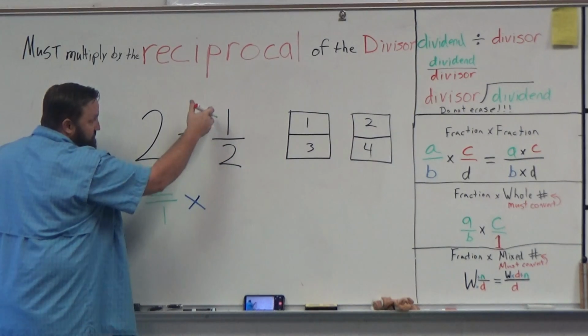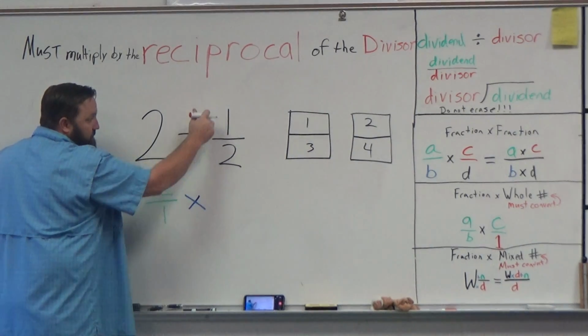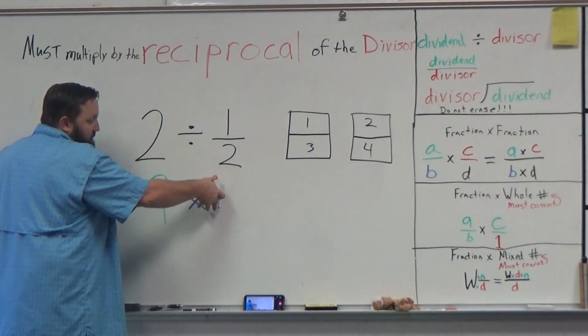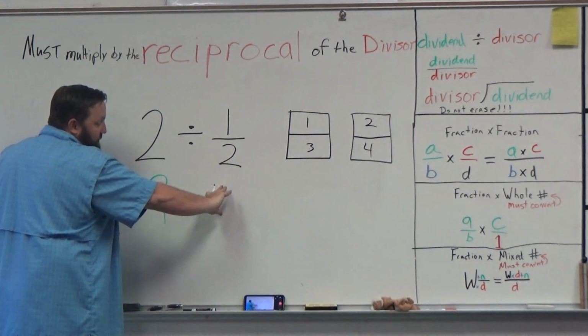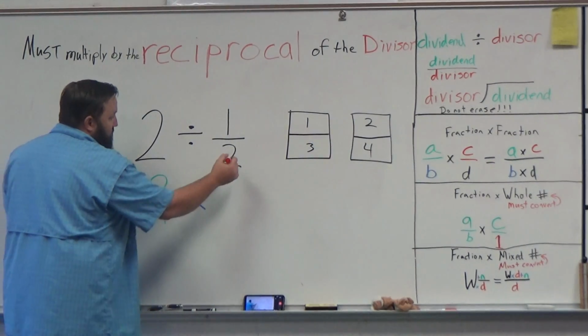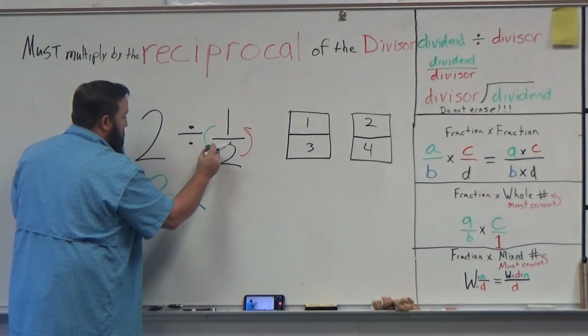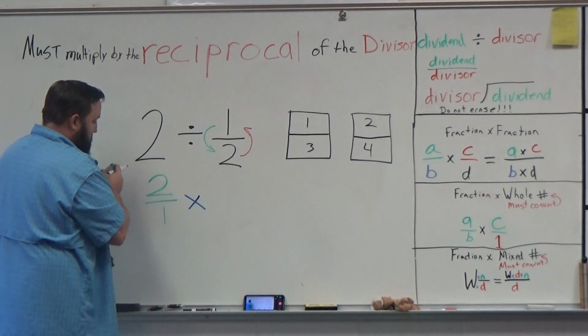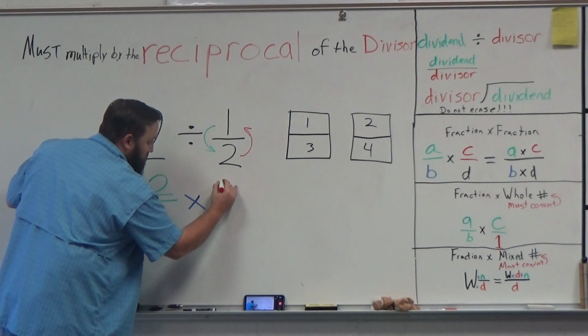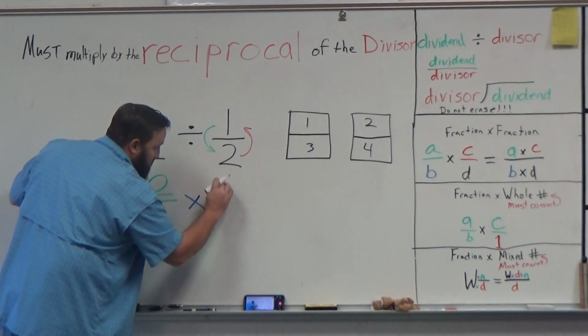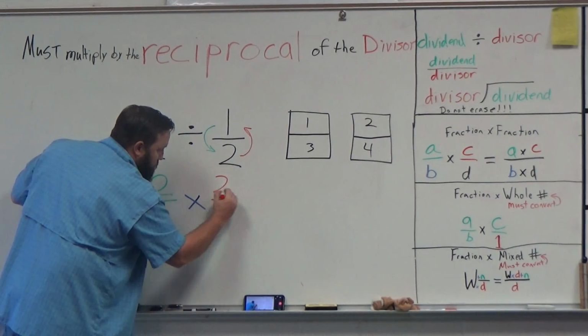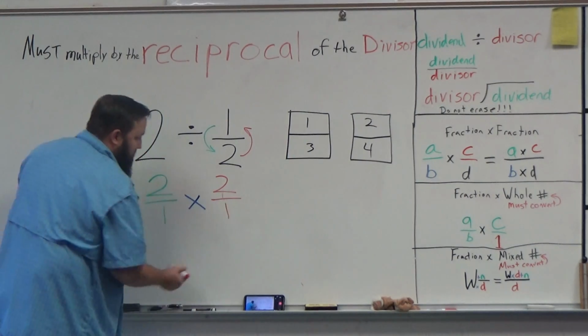So I've got 1 divided by 2, or 1/2. So now I've got to flip the 1/2. That gives me 2 over 1.